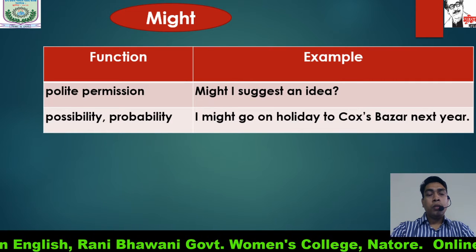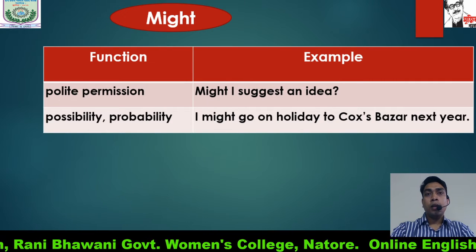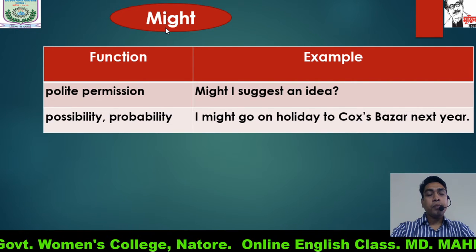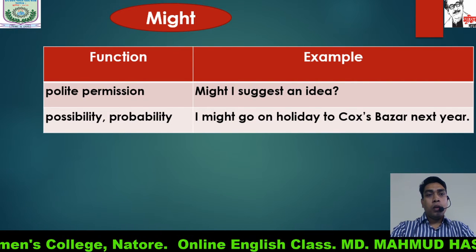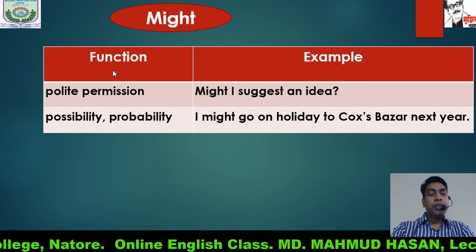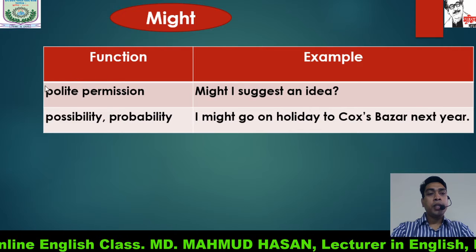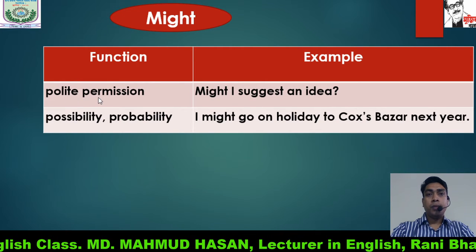So now we'll discuss the function of might. In two cases we also use might. In the first case, polite permission.